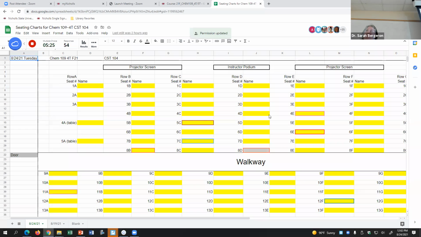So remember, once you type in your name, press enter or click on a cell outside of the cell you're typing in. Everybody put your masks over your mouths and over your noses. Everybody getting it?